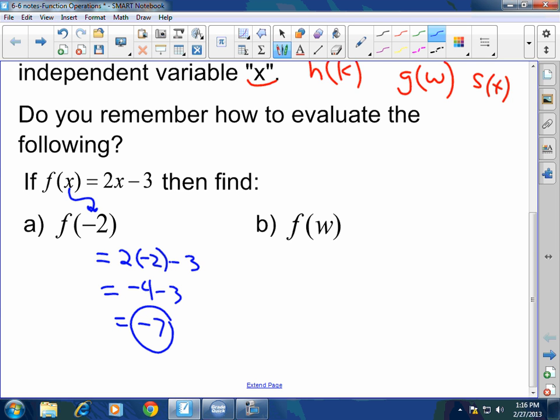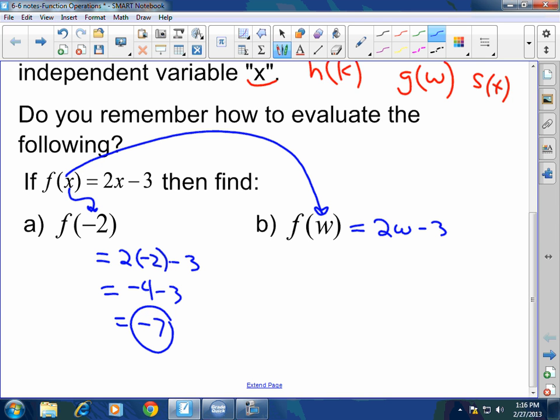Done. Okay? In this second example, what am I replacing the x with, gentlemen? W. So I'm going to replace every x I see in function f with a w. So it's going to be 2w minus 3.